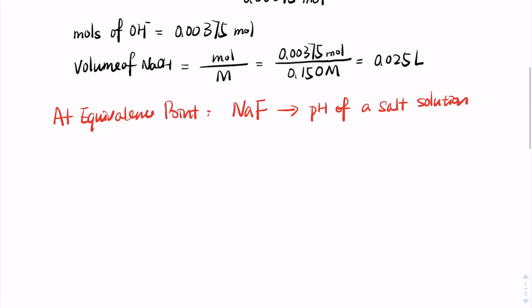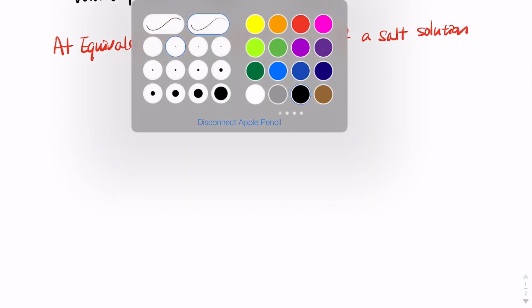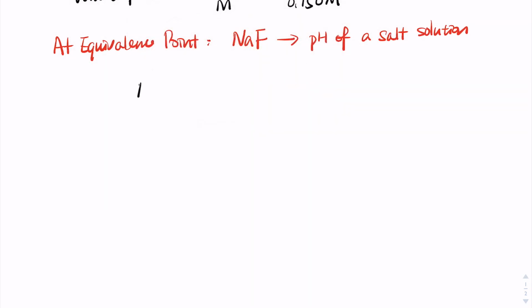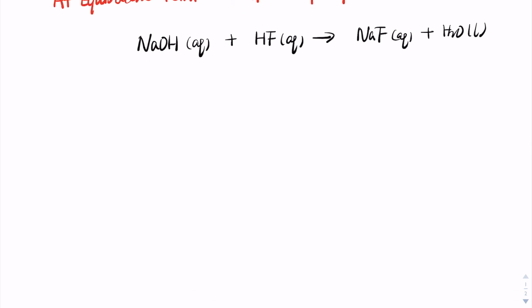The next question is how do you calculate it. So let's start by writing out our reaction equation. You have sodium hydroxide and HF, and you're going to have sodium fluoride and H2O. Again, let me draw our titration setup.